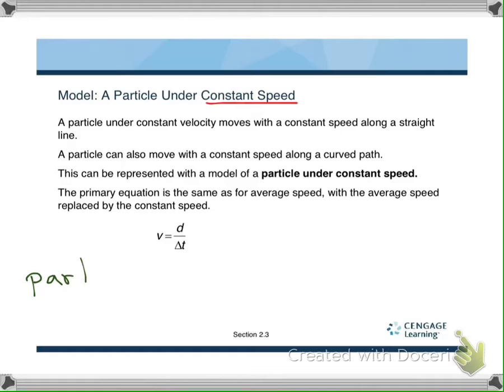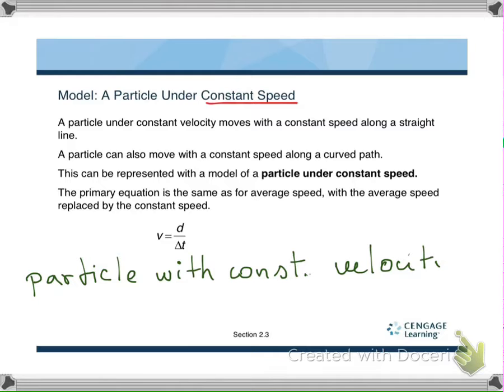If we have a particle moving with a constant velocity, it means that it moves with a constant speed also, right?